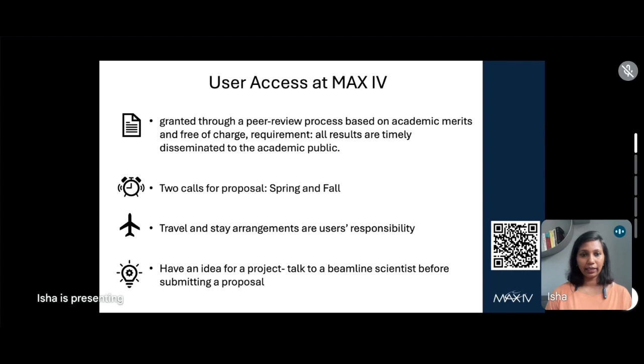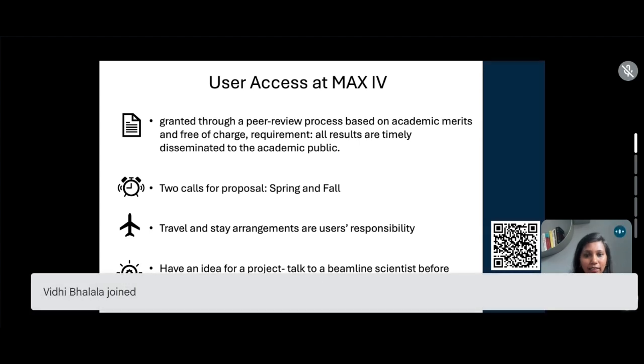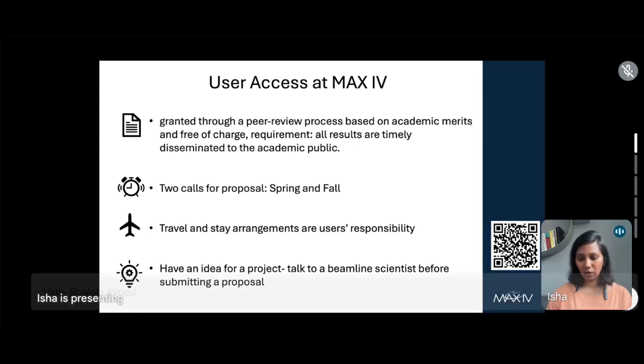So the chance for a proposal to get accepted is increased if you have already talked to either a beamline scientist or a person who is knowledgeable about synchrotron techniques and who can guide you about how to write a proposal which is good at experimental guidelines, and which will pass through all those checks.